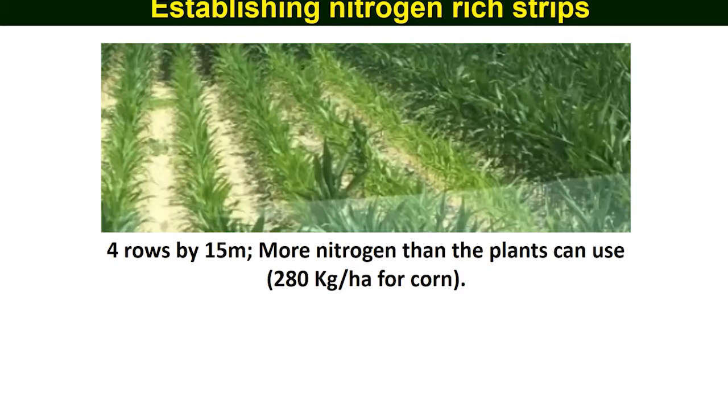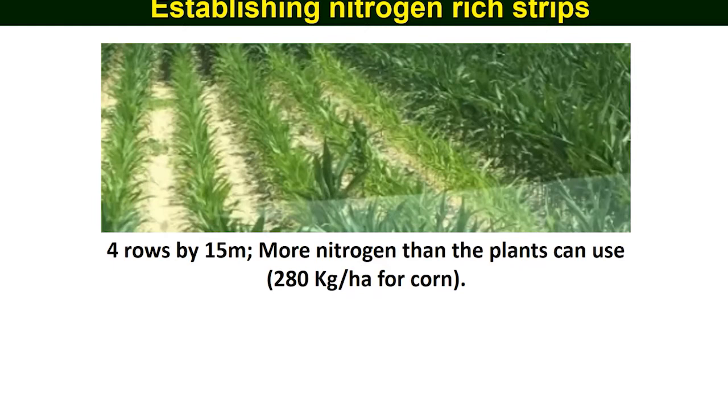You're saying if the NDVI numbers are relatively same? Yes. So if the response index is 1, when do we have the response index equal to 1? When we have the NDVI from the nitrogen-rich strip equal to the NDVI from the field.